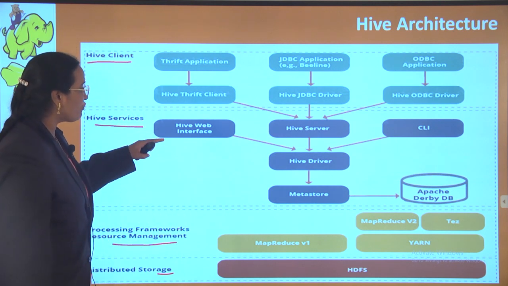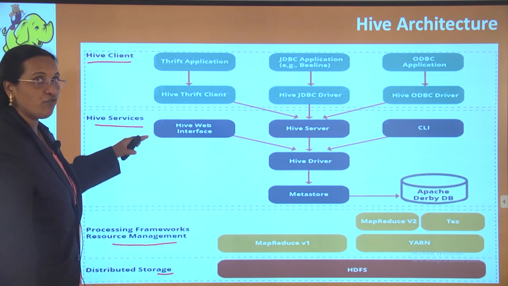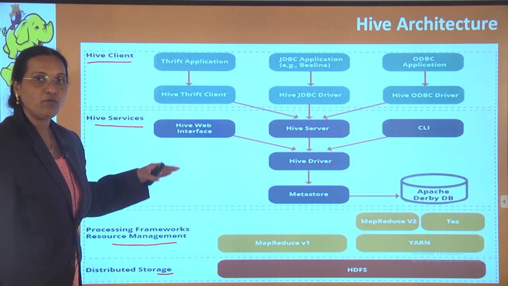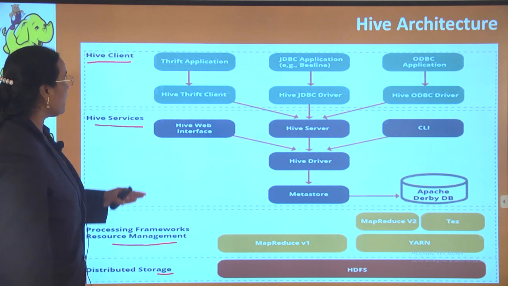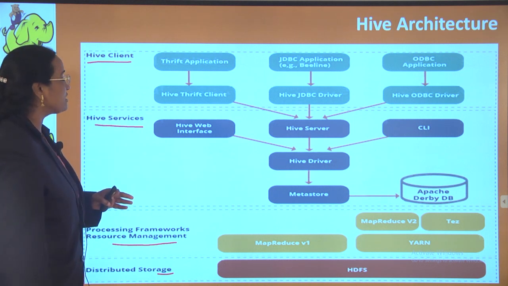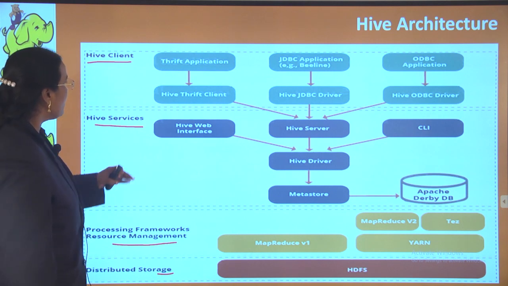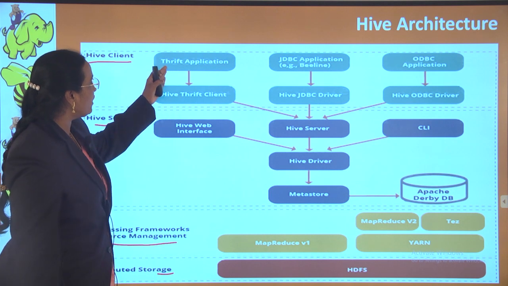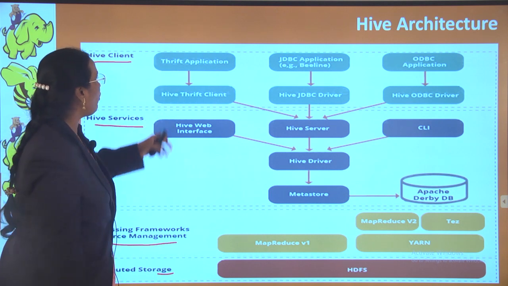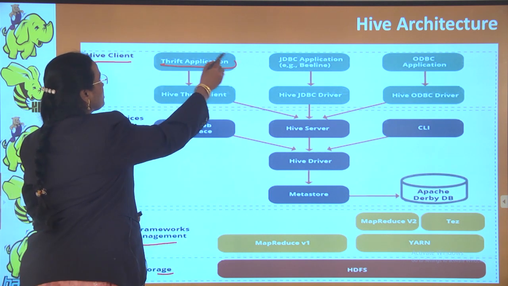And among the 4 phases, the first 2 phases are very important in the Hive architecture. So what is the first phase? That is called as a Hive client. What the Hive client will do is, the Hive client will interact with the clients with the help of the thrift applications.